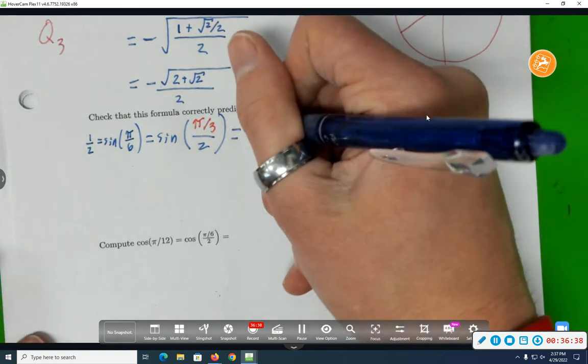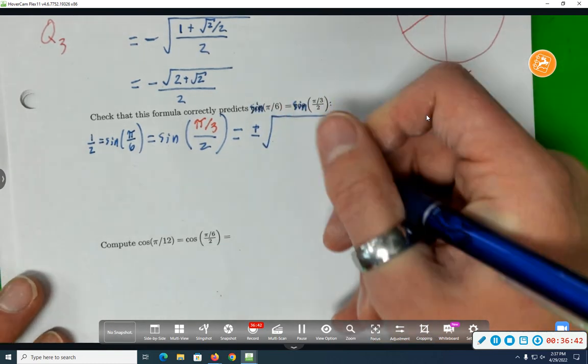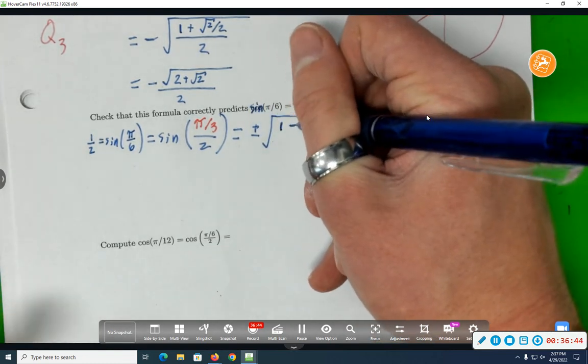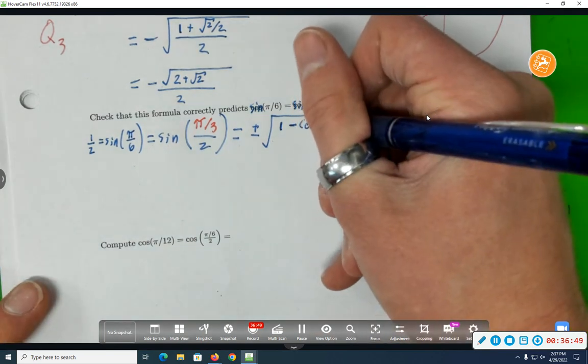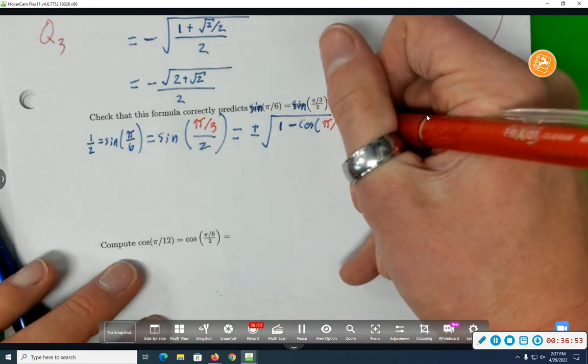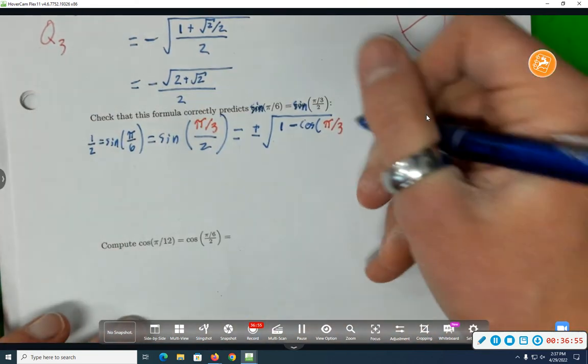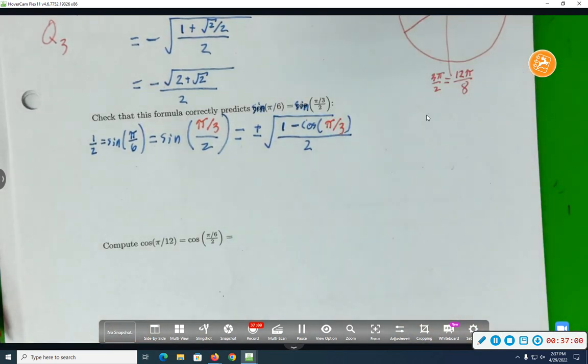So this will be plus or minus the square root of 1 minus cosine of the thing in orange. Alright, and let's start the same way we did the previous one. Let's deal with the plus or minus sign.